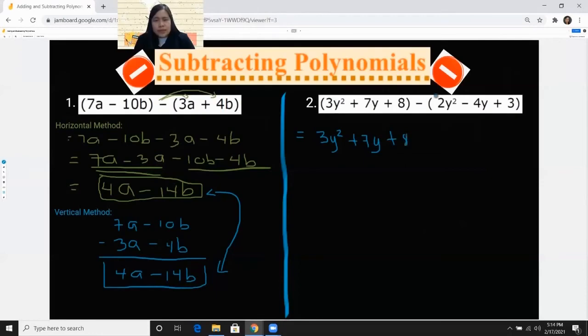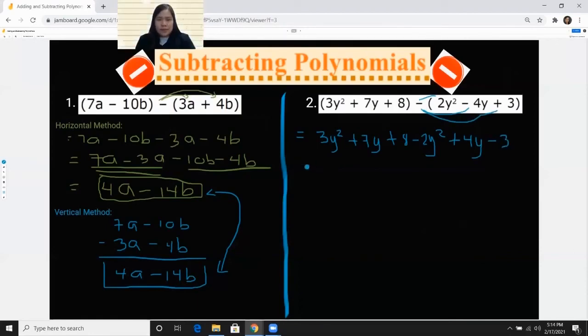And then distribute the negative sign. Negative times positive, we have negative 2y squared. Negative times negative, we will have positive 4y. Yeah, you need to keep-change the sign on the second group. Then negative times positive, we will have negative 3. Don't get confused on that.